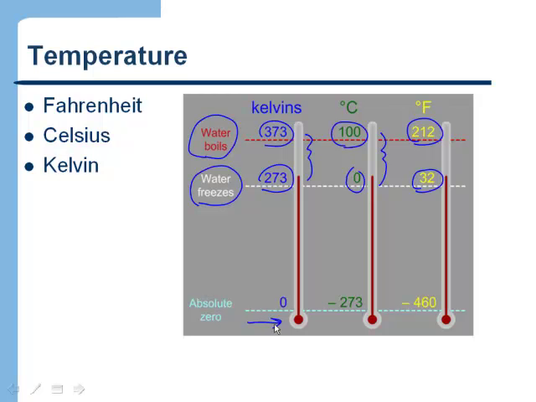We'll talk a little bit later about the fact that temperature is related to how much the molecules or atoms in a substance are moving, and absolute 0 corresponds to cooling something down so much that essentially all the molecular or atomic motion stops.